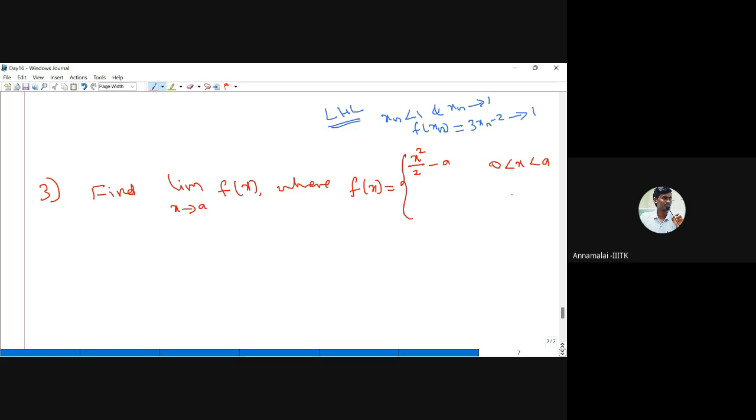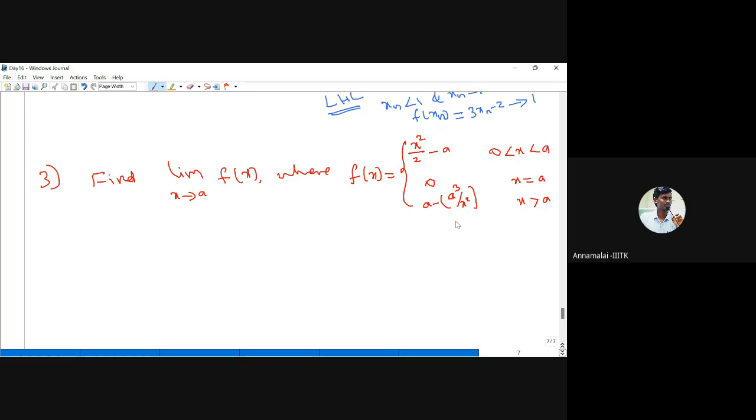If x equals a, the function is defined to be 0. If x is bigger than a, the function is defined to be a minus a cube by x square. Now, what is the limit as x goes to a of f of x?